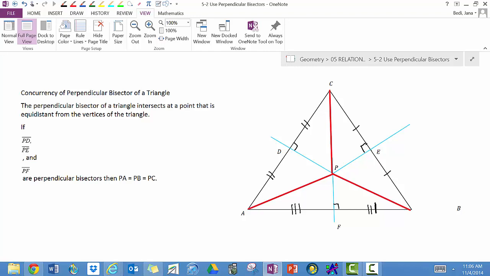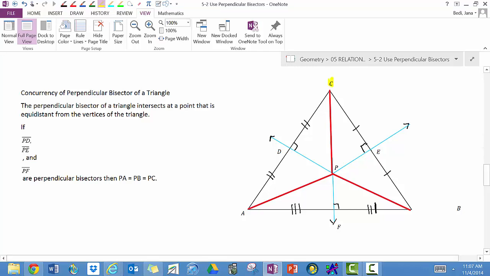If you look at this diagram, the segments that originate from P, we could say ray PD, ray PE, and ray PF are the perpendicular bisectors, and they intersect, they're concurrent at point P. This point P is very special because it is going to be the same distance from the 3 vertices of this triangle.